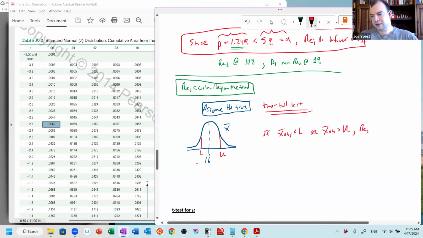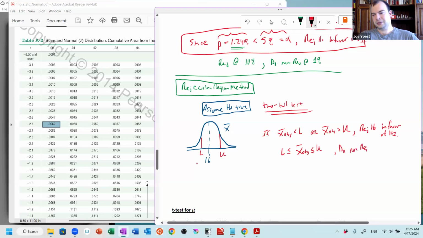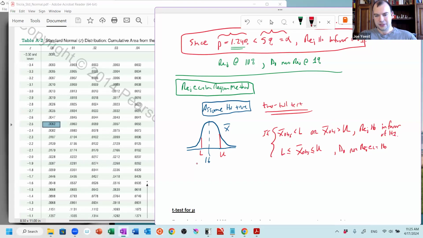I reject H naught in favor of H1. Or if X bar observed is between L and U, do not reject H naught. So here I have two rejection regions, to the left of L or to the right of U.